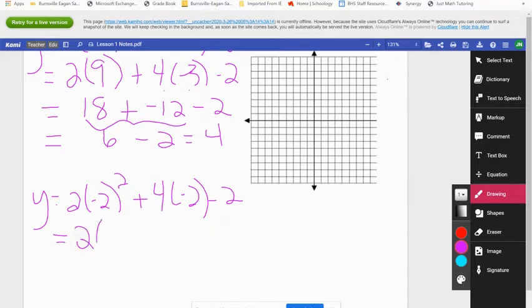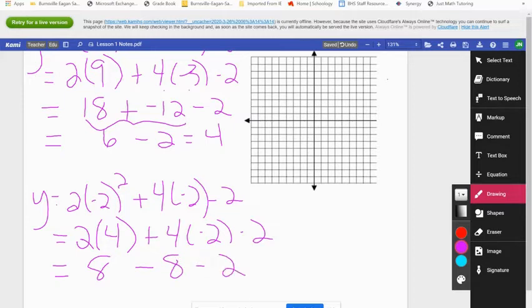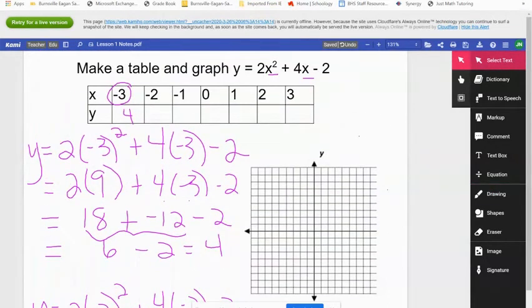So -2 times -2 is +4. 2 times 4 is 8. 4 times -2 is -8. I can either write it as plus -8 or -8. Either way is okay. Minus 2. Then I'm going to work left to right. So 8 minus 8 is 0. 0 minus 2 is -2. So I'm going to go back up to the top, and I get a y value of -2.